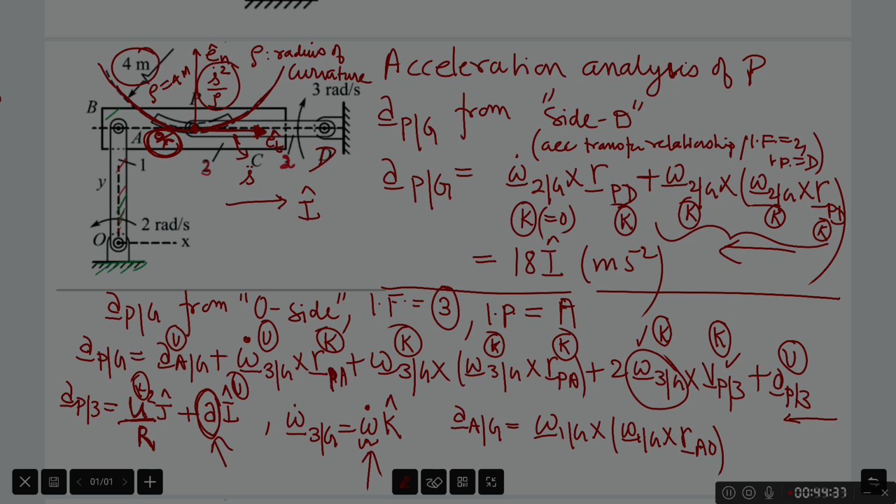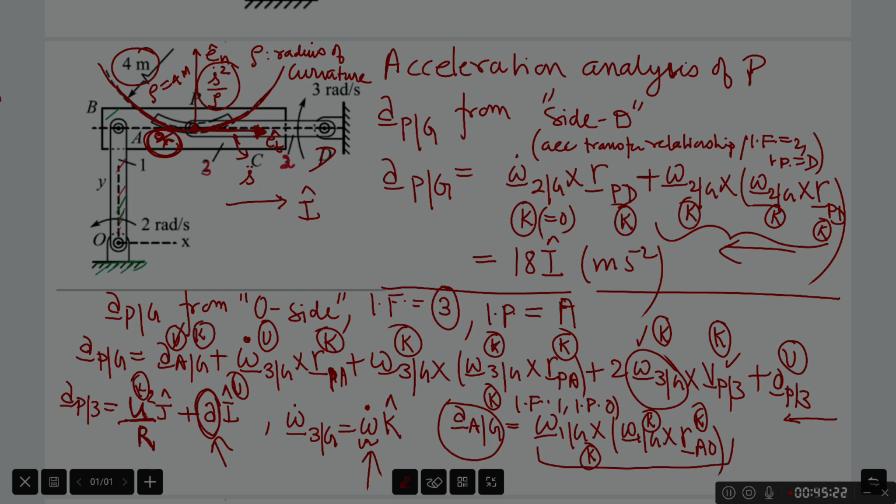This is the only surviving term when you write the acceleration transfer relationship for this quantity using IF as 1 and IP as O. You can write the full expression, but this will be the only surviving term. Are we in a position to find this? Yes, indeed we are. Omega 1g is known, omega 1g is known, and thus AAG is a known quantity. So once I have calculated AAG in this way, I go back here and I strike off U and write here known quantity.